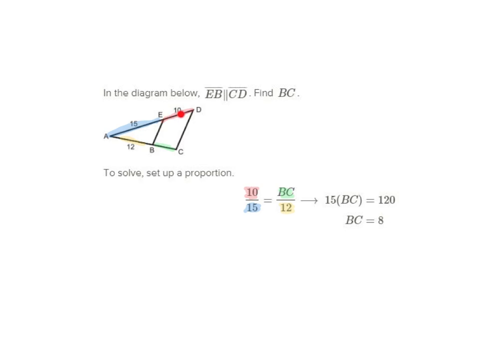So if we start here with this segment, which is 10, proportional to 15, and then match up this with this side here, which we don't know, which we can call BC or we can call it X, in proportion to this side here, which is 12. And so then we're just going to cross multiply and divide to find that that missing portion is 8.